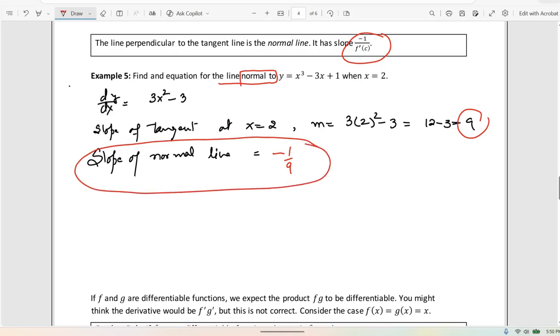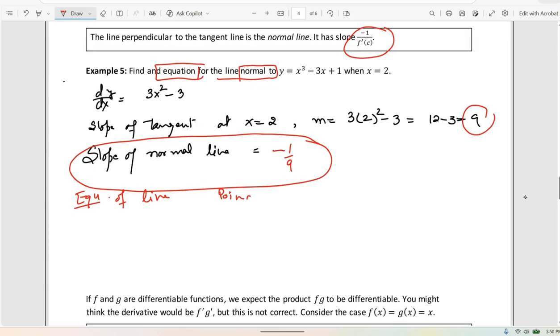Now the question was not to just find the slope of the normal line, it's the equation of the line. When we need the equation of any line, we need two things. We need a point and we need a slope. Slope we found. For the point, x is given to be 2.